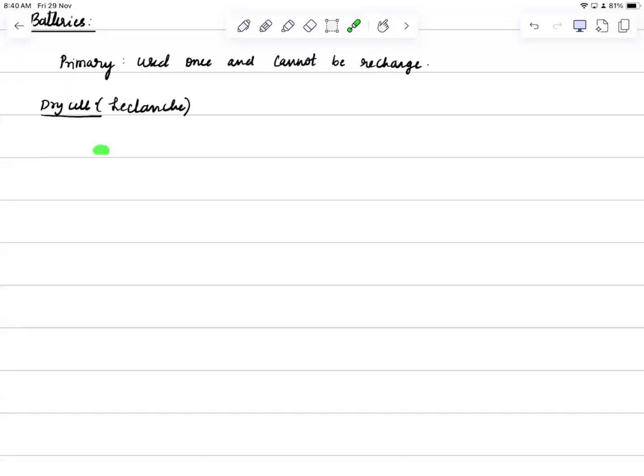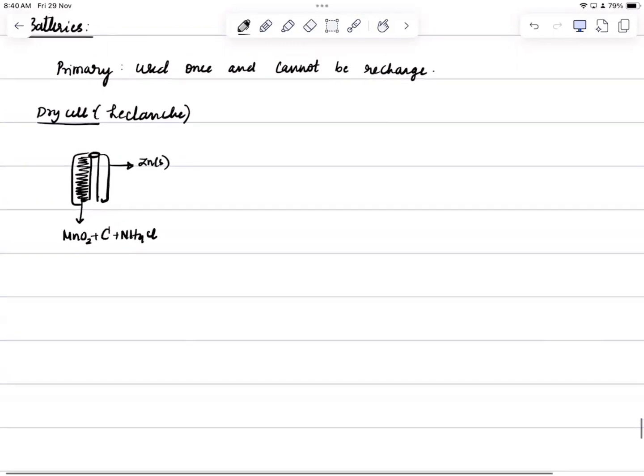There we have a graphite rod, along with some zinc, along with some manganese, MnO2, plus some more carbon and NH4Cl paste. And then this is covered on top with a zinc cell, which is a zinc metal. This is typically how the dry cell would look.